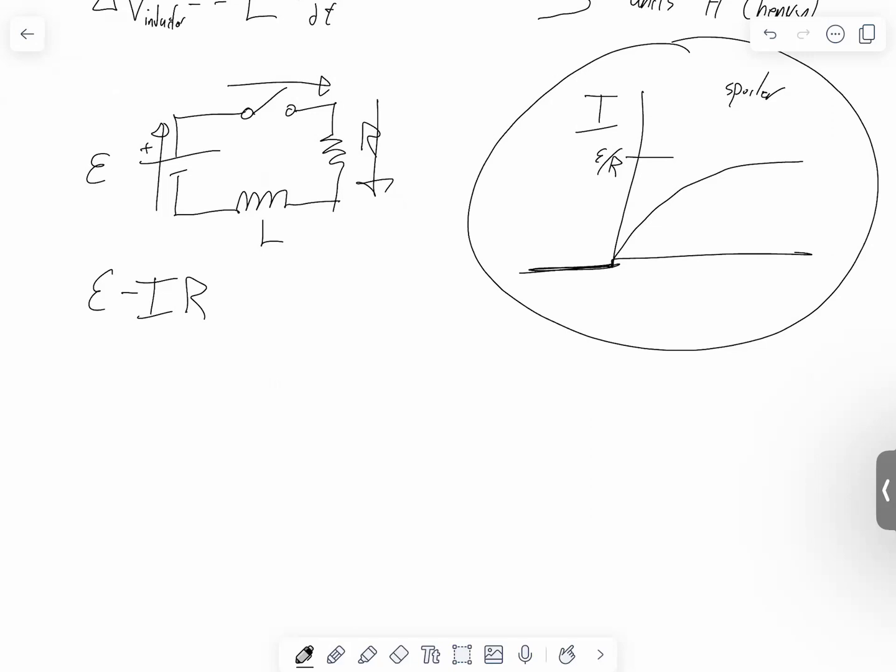Okay. Now, I always have to think carefully about this. The inductor, the drop in voltage, if current is increasing, oh, for God's sake. No, the drop is negative.